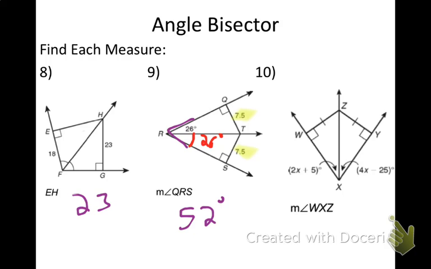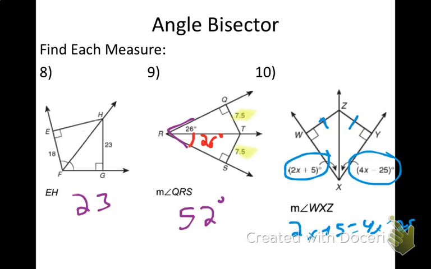Nice job. And then number 7, if I look at number 7, I know my sides are congruent. So what does that mean my angles have to be? Congruent. So what am I going to do to solve for x there, Keegan? Set them equal to each other. So 2x plus 5 equals 4x minus 25. And I solve for x.